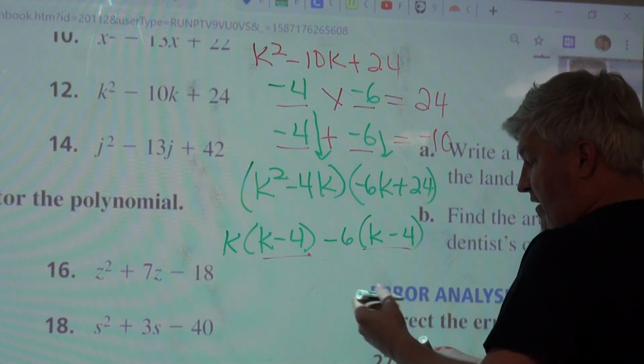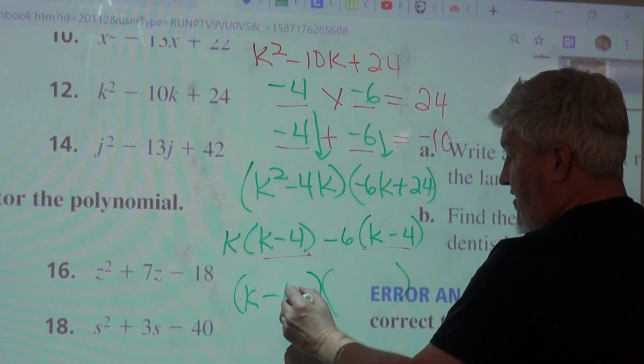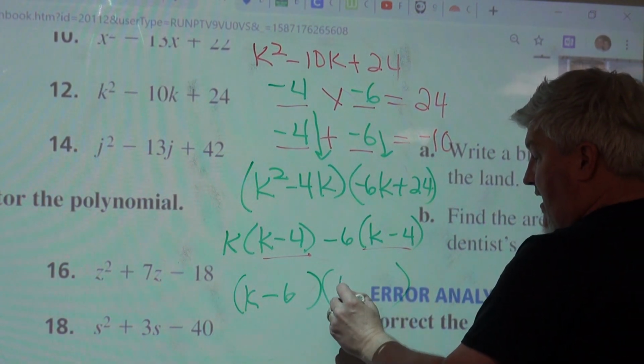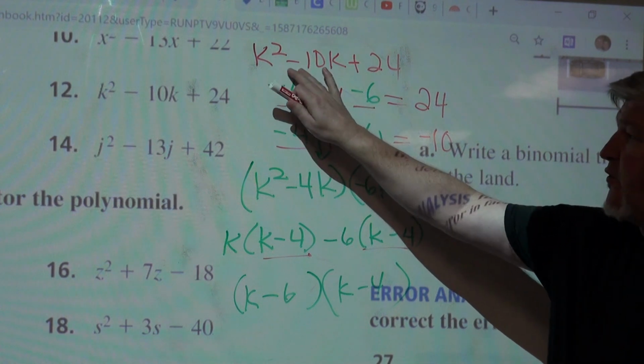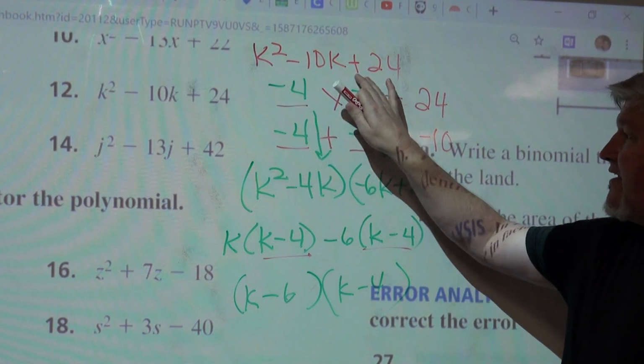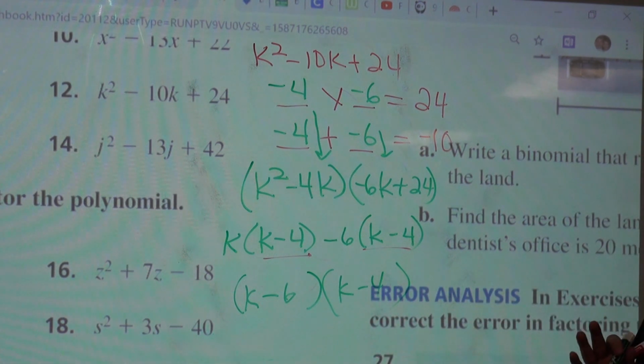Okay? So our final answer, we write our 2 brackets down here. We have k minus 6 and k minus 4. All right, so that's when the first sign is a negative and the second sign is a positive. You end up with both of them being negative.